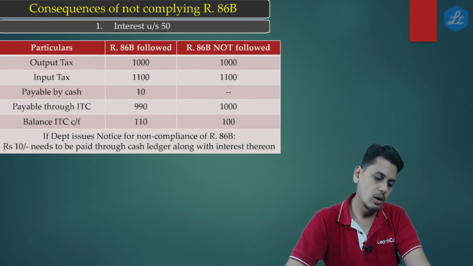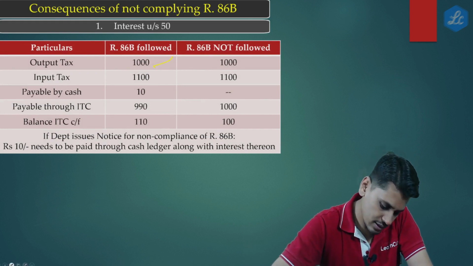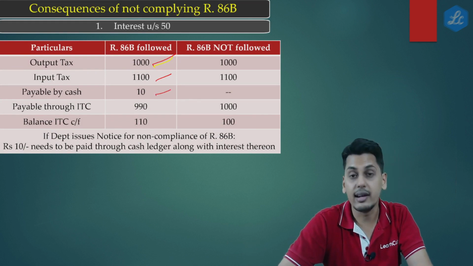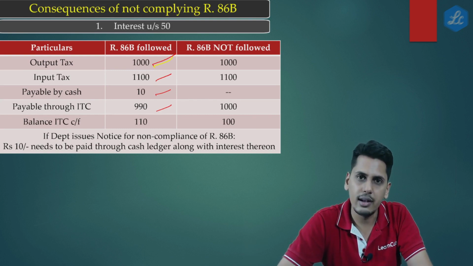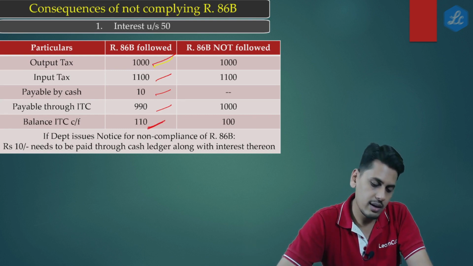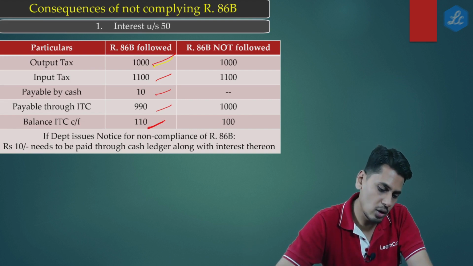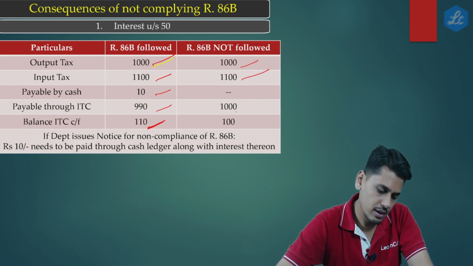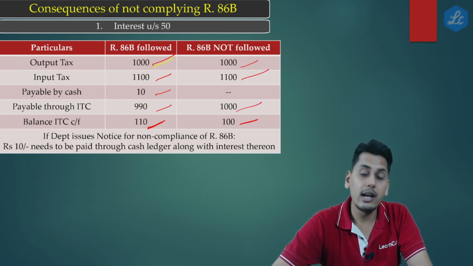So friends, what are the consequences? Let's take an example. Output tax is 1000, input tax credit 1100. If 86B is followed, payable by cash is 10, payable through input tax credit 990, balance ITC carried forward 110. If 86B is not followed, output tax is the same 1000, input tax credit the same 1100, payable by cash nil, entire amount paid through credit 1000, ITC carried forward is 100.